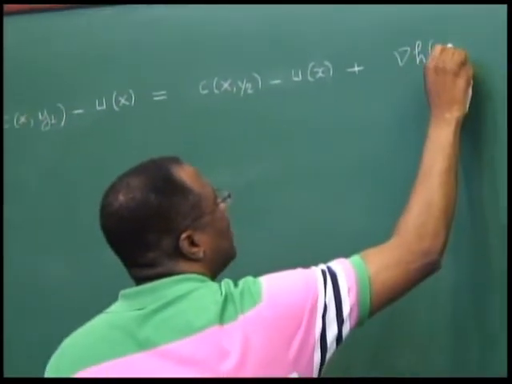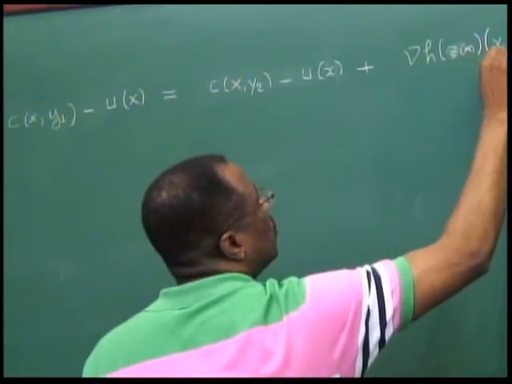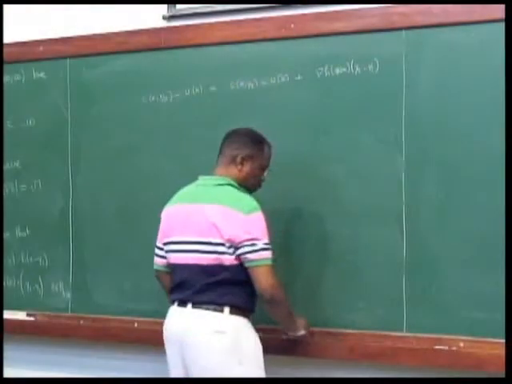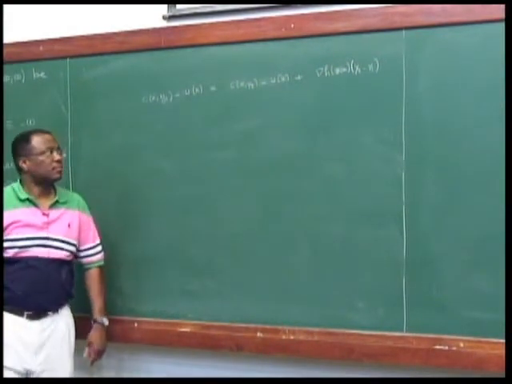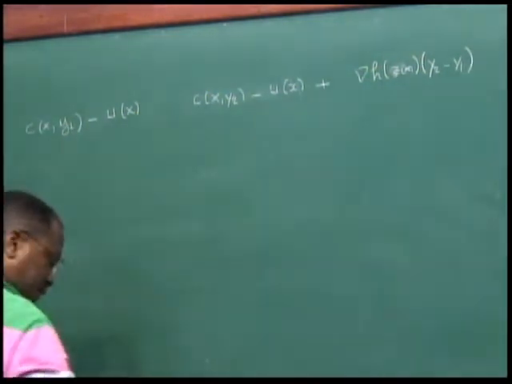So in fact, z will depend on x, y2 minus y1. There is another way to write this.